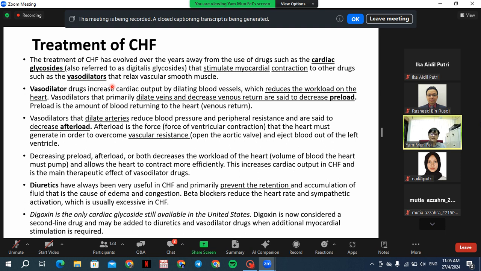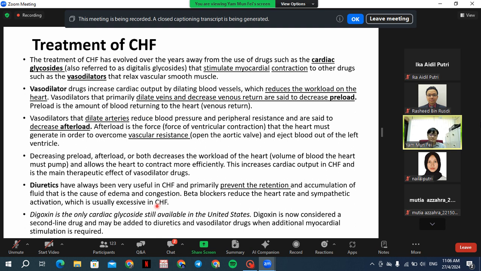Whether the workload is focused on venous or arterial, it doesn't matter. You may select either a venous dilator or an arterial dilator, it doesn't matter. Both will contribute to your treatment.